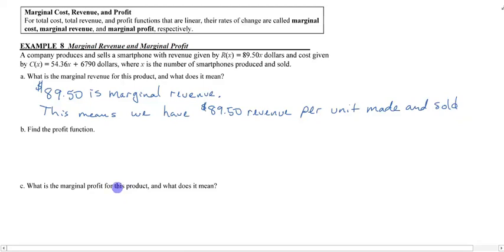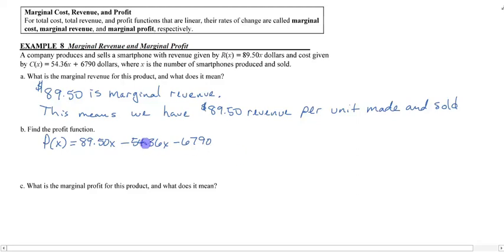Find the profit function. Remember that your profit function is your revenue minus your cost. So P of x is going to be the revenue of 89.50x, and we're subtracting the cost. So we're going to subtract 54.36x and also subtract the fixed cost of 6,790.